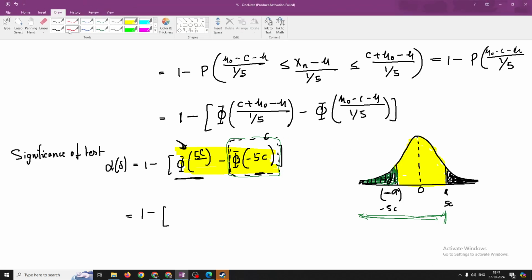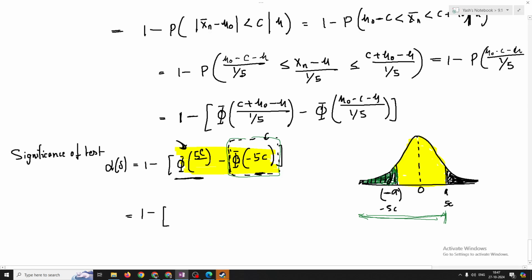Now what I can do is take this area, I forget about this thing, I just take this area, I multiply it by 2, because I have to take into account this area too.